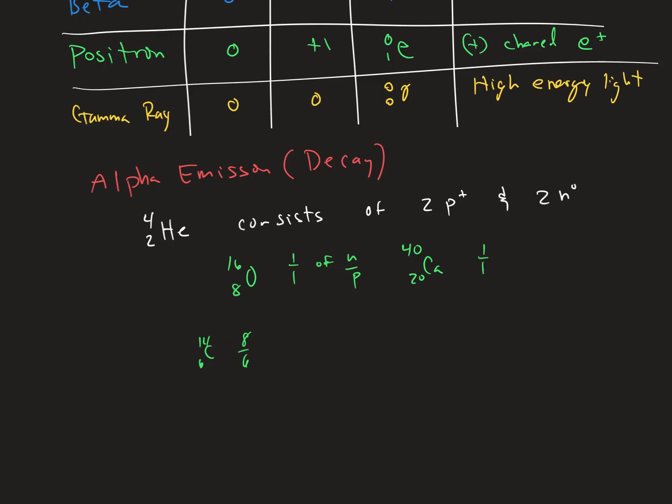If these come together, what happens? They would repel. But they're so close together in that nucleus. How are they held together? By the nuclear strong force, which is the strongest force that we know of so far. And those neutrons act as nuclear glue.